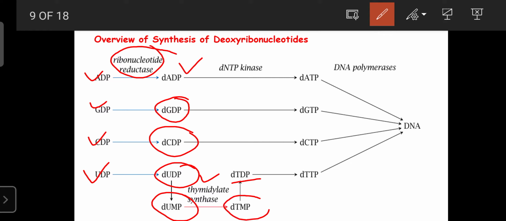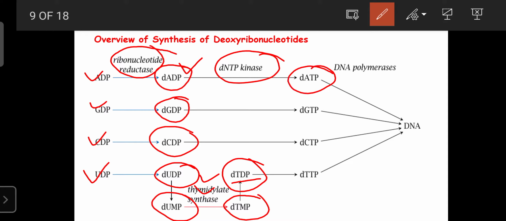Further, it can form dTMP, then dTDP by the enzyme. Then in the presence of another enzyme, the dNTP kinase, it can convert all deoxy diphosphates into triphosphates. That is, dADP is converted into dATP, the deoxyadenosine triphosphate, in the presence of the dNTP kinase.